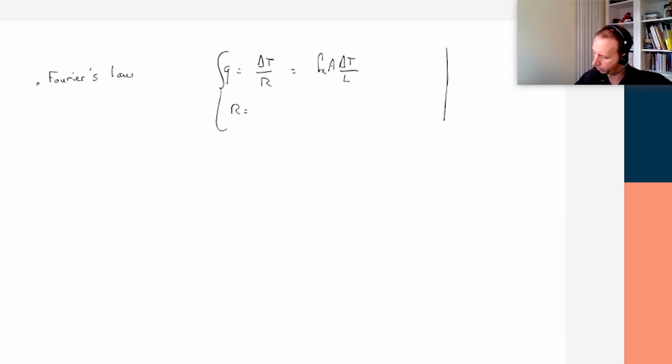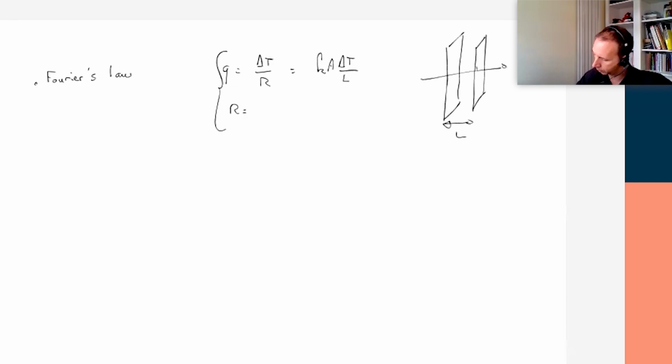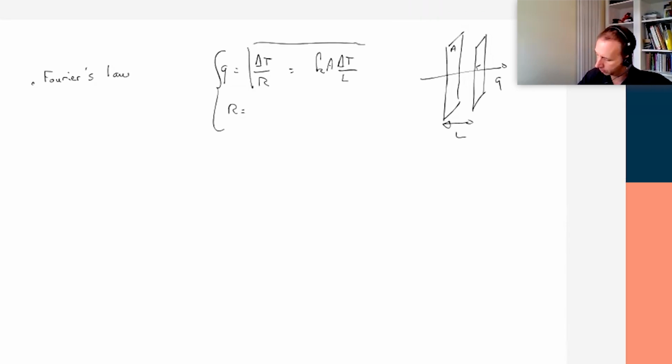So if you've got your wall, perspective view, the thickness is L and the heat flows perpendicular to it, Q in this way. The area is the area of this face. If you just manipulate these two, you end up with a definition for R, which is L over kA.